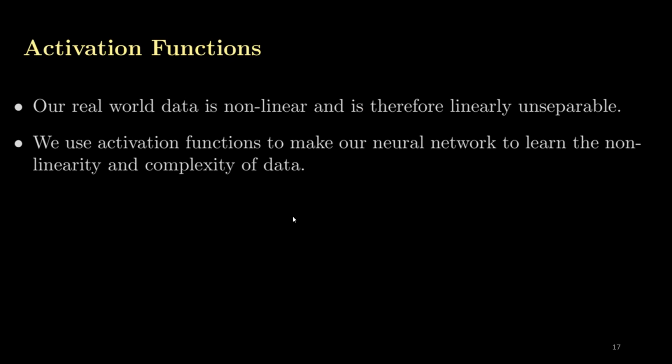So we can see that we can easily perform the linear classification with the help of a neural network or with the help of a simple perceptron. But if we want to do non-linear classification, in that case, we need an activation function. So activation functions help neural network to learn the non-linearity and complexity of the data. And later on, this will help the neural network to perform non-linear classification.